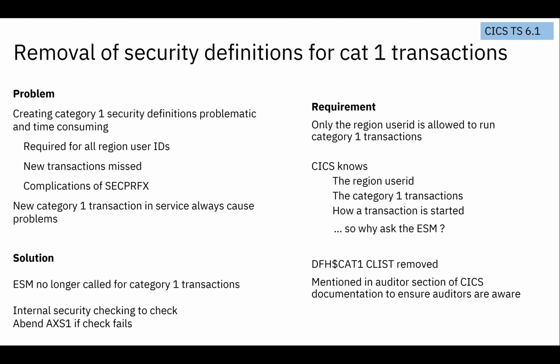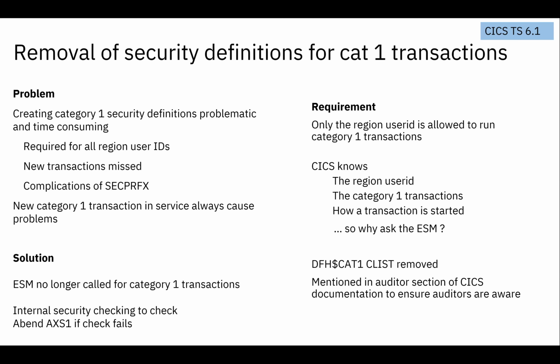Has anybody that's not a region got access to Cat1 transactions? Now, this causes customers quite a few problems. One, because if we added anything in service, we sometimes accidentally missed doing an update to the Cat1 transaction list, or alternatively, people forgot to run the CLIST to update things. Set prefixes are a nightmare with Cat1 transactions because you've got multiple definitions of things.